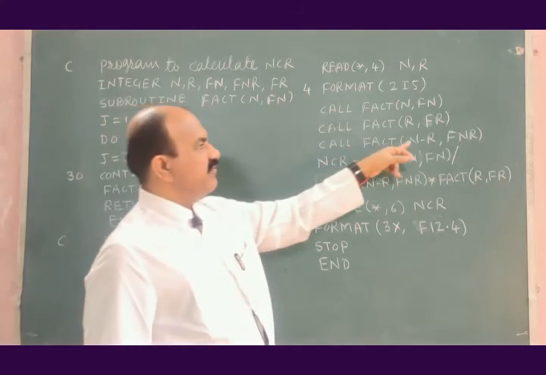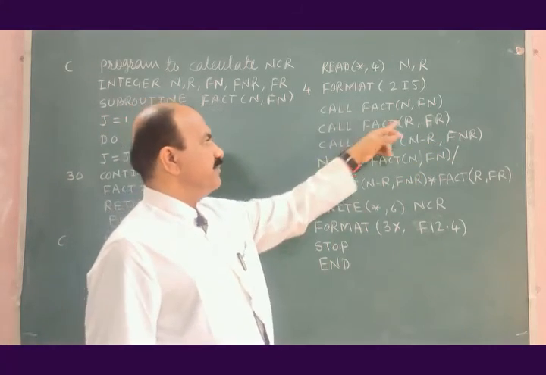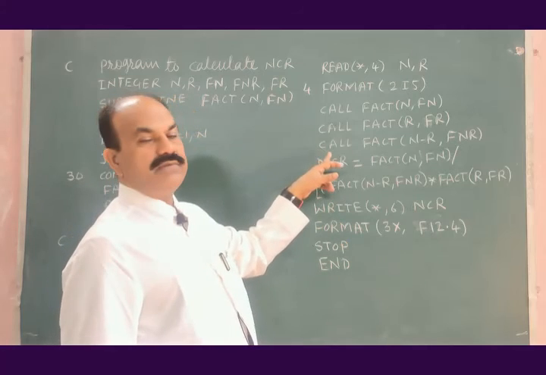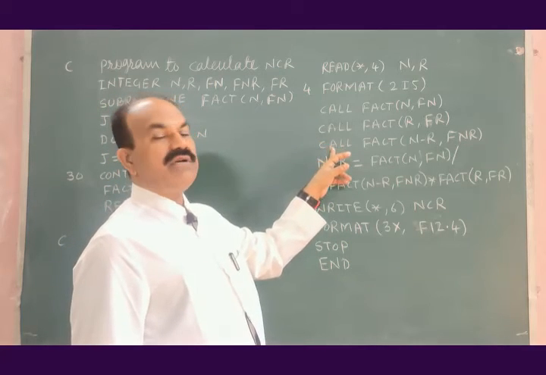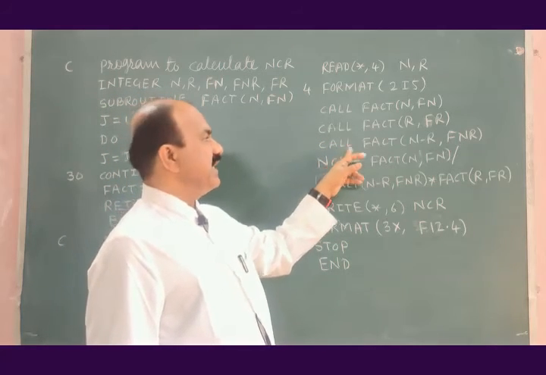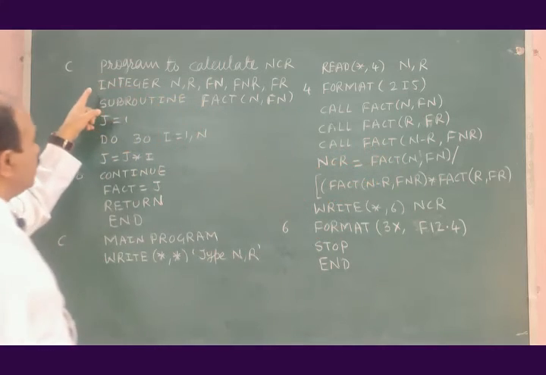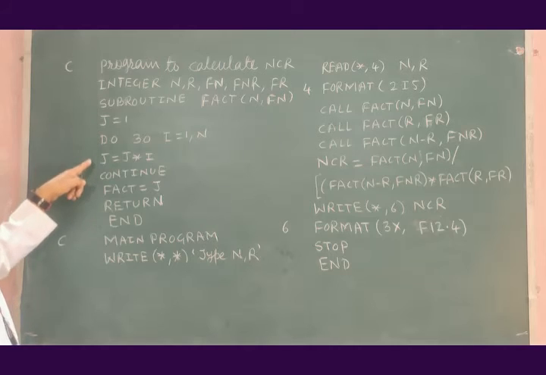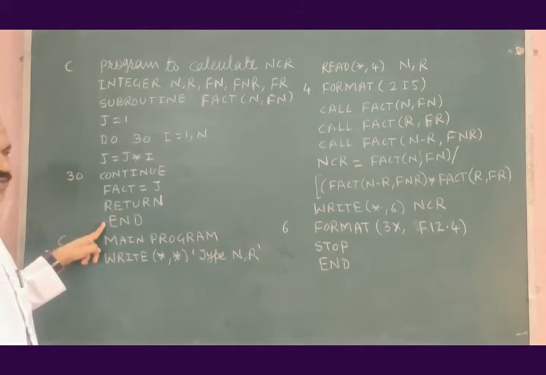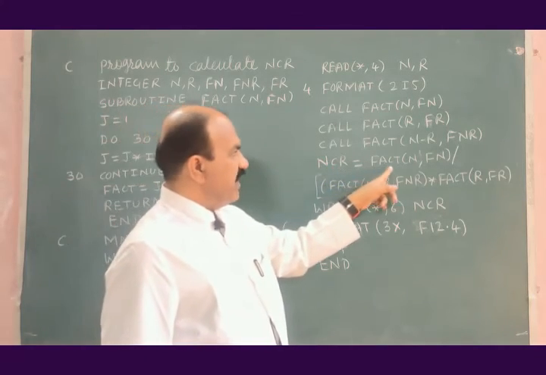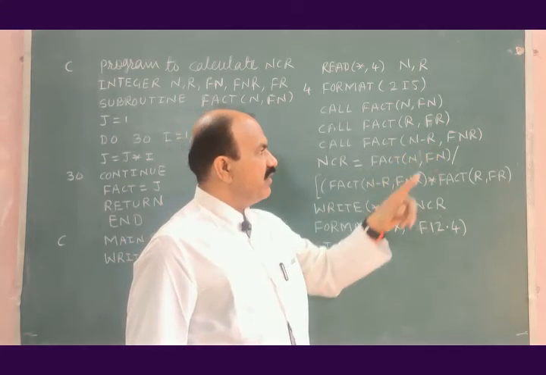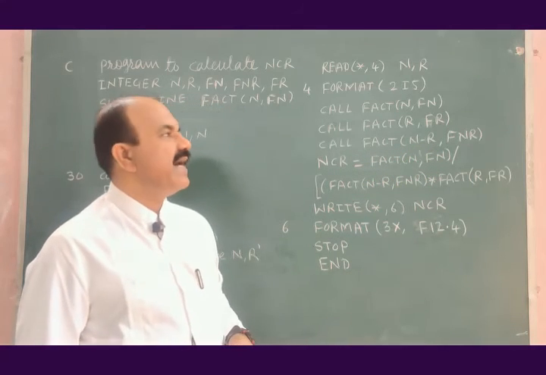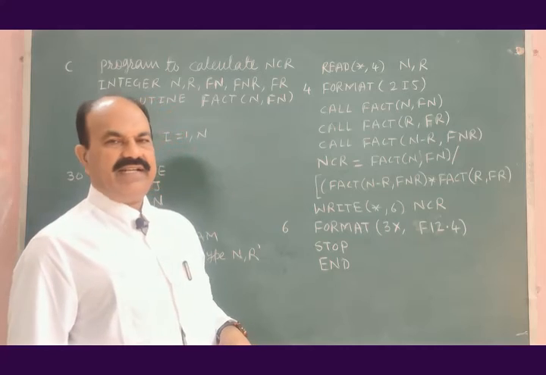Here we will get factorial of r. Whenever the third call statement is executed, again the control goes to this subroutine, and it is worked out up to end, and here the value of factorial of n minus r as fnr is provided.